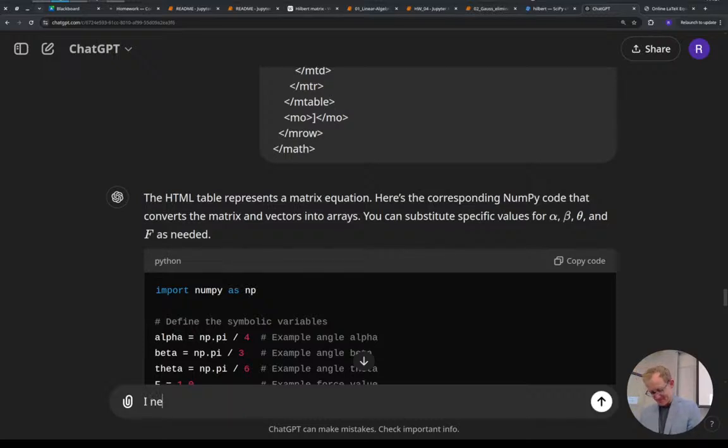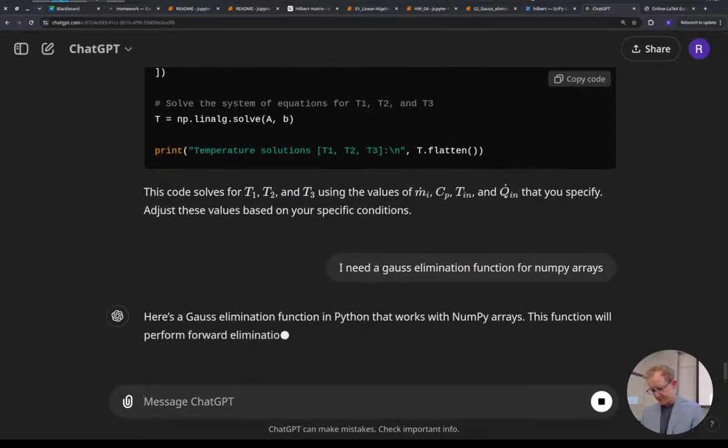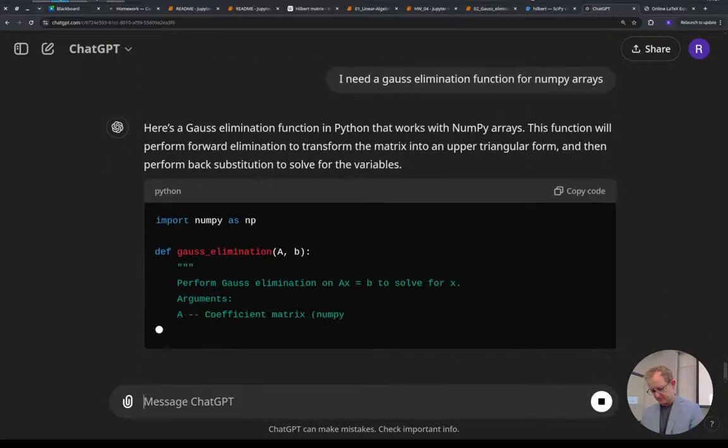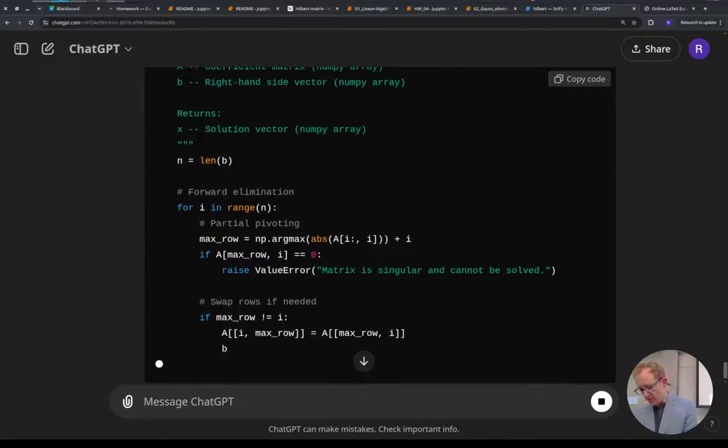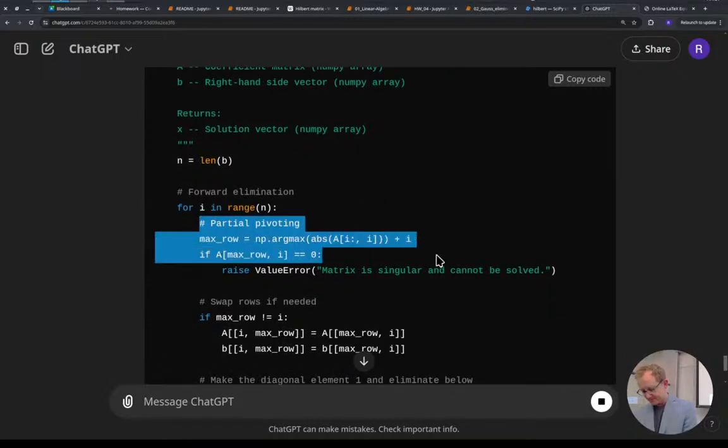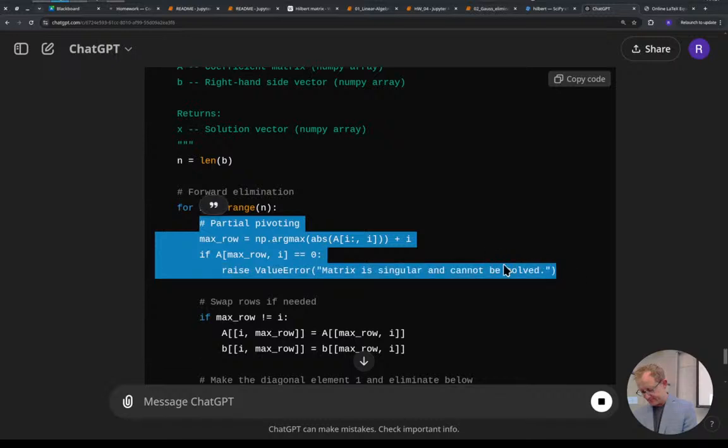I need a Gauss elimination. Let's see if it does include partial pivoting. Cool.